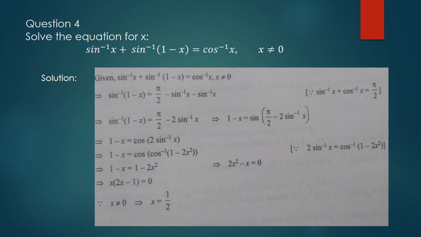Now we are getting a quadratic equation in x. So on factorizing we have two values of x here. One is x is equal to 0 and other is x is equal to 1 by 2. But according to the question, x cannot be equal to 0. So x is equal to 1 by 2 will be considered as the solution.